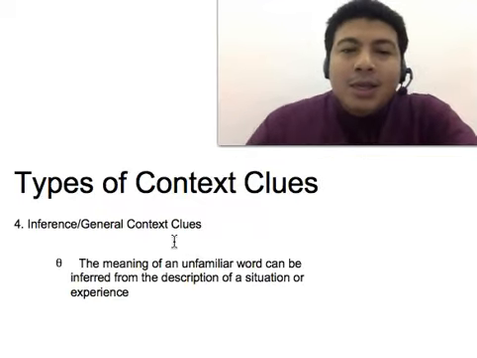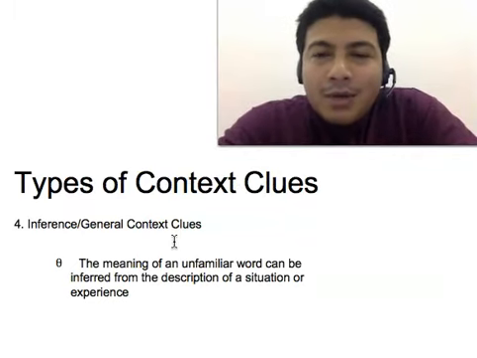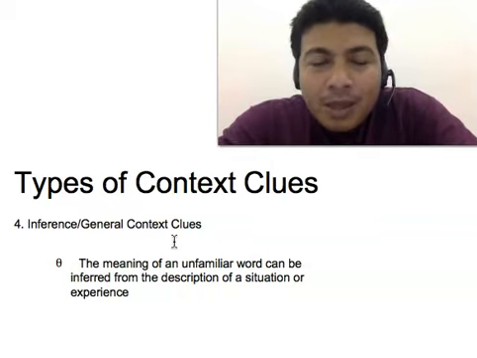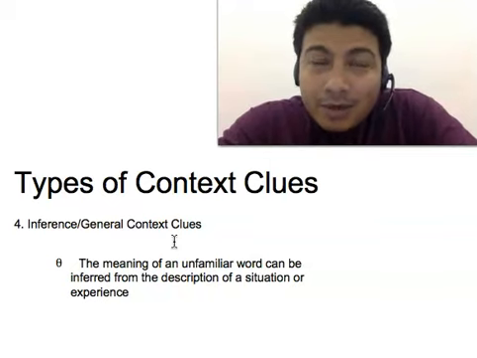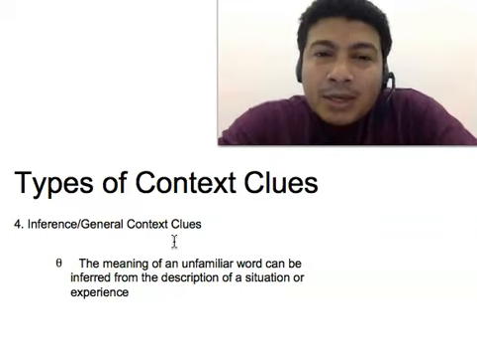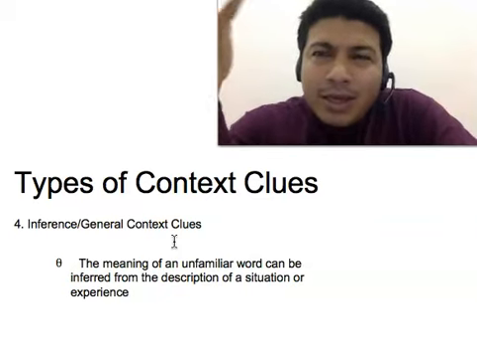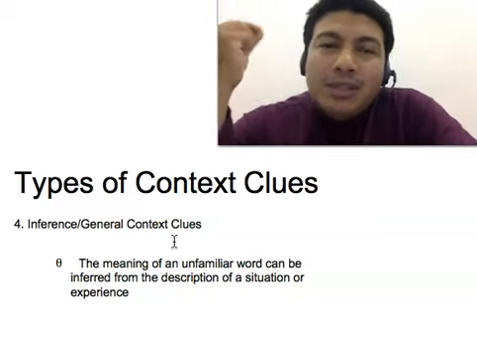in a sentence. So let us take a look at another way of guessing the meaning of a difficult word in a text, which is by making an inference. So you can infer. Like in a science subject where you make an inference, that means you make a logical guess. You don't just simply guess, but you make a logical guess based on your previous knowledge, based on your schemata.